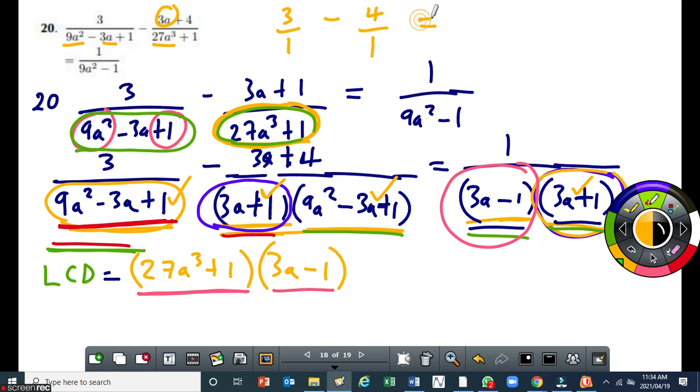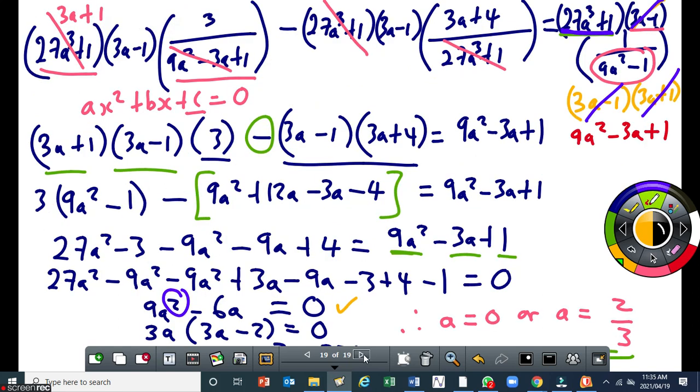Then on the right, if I put a equal to 0 here, I'll get 1 over minus 1. Now 3 minus 4 gives me minus 1. 1 divided by minus 1 gives me minus 1. So my answer is right. So our first answer is a equal to 0. The second answer is a equal to 2 over 3.